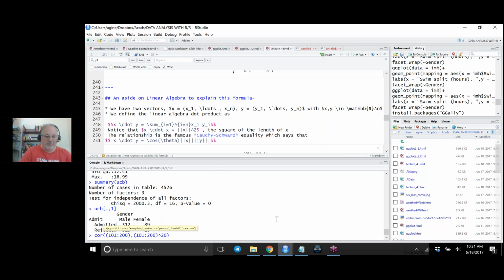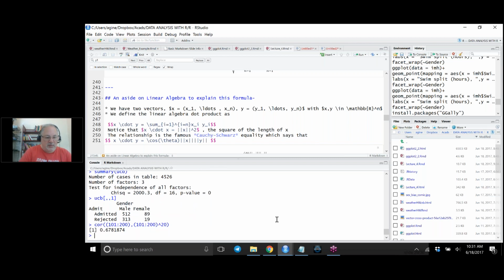Let's see if this will work. I guess the bigger numbers actually make it better. But you see what I did here. All I did was I took the correlation. My first data set is numbers 101 to 200, and the next one is numbers 101 to 200 to the 20th power. It just very quickly spat it out for me.